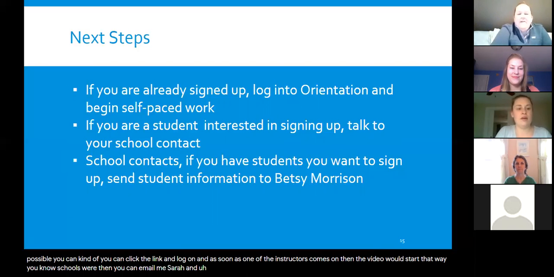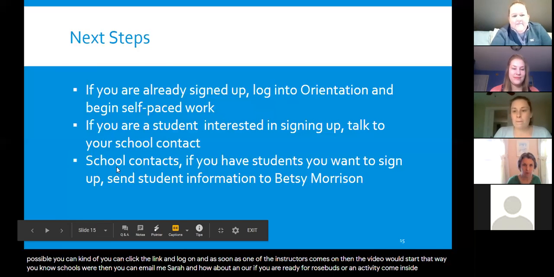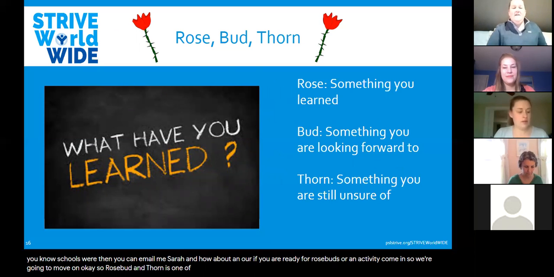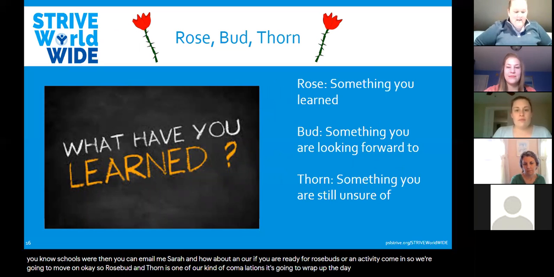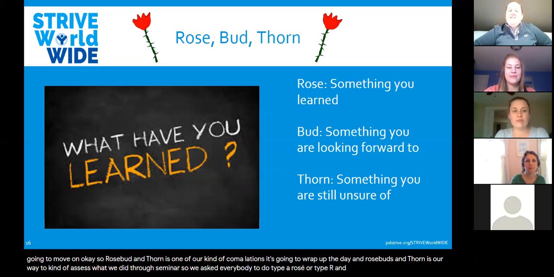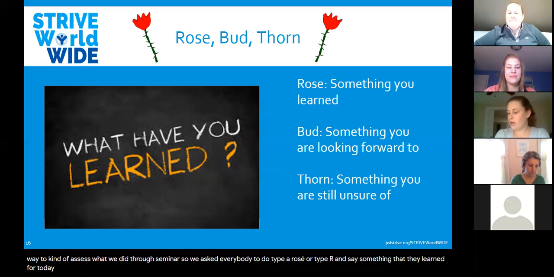Great. How about an R if you are ready for the Rosebud Thorn activity? All right, I'm seeing them come in, so we're going to move on. Rosebud and Thorn is one of our culminations. It's going to wrap up the day, and it's our way to assess what we did through seminar. We ask everybody to type an R and say something that they learned today.